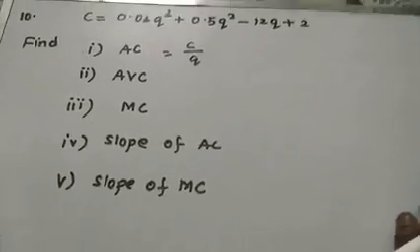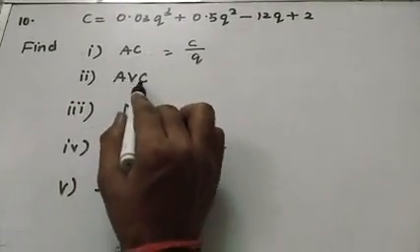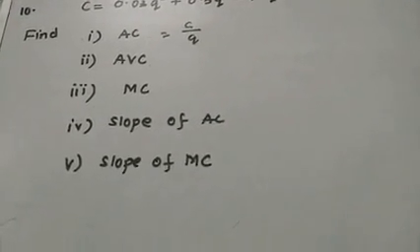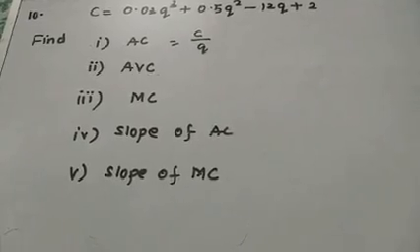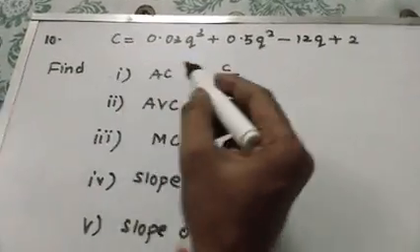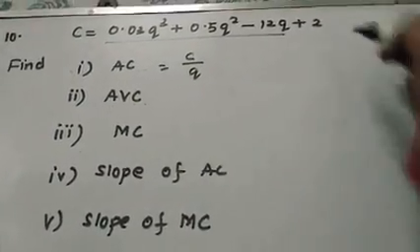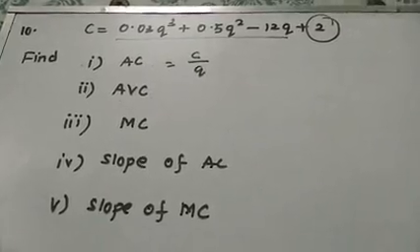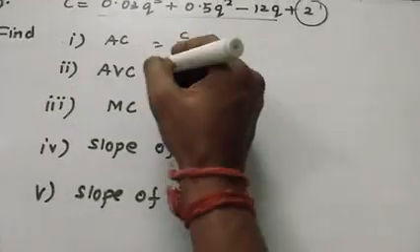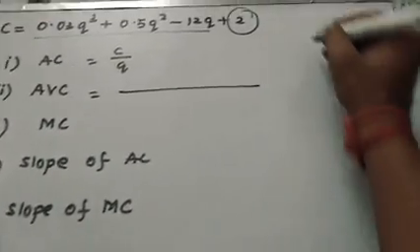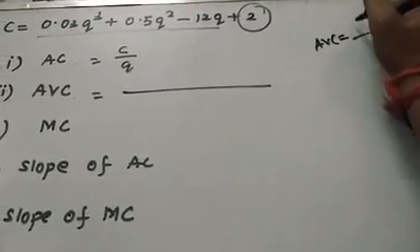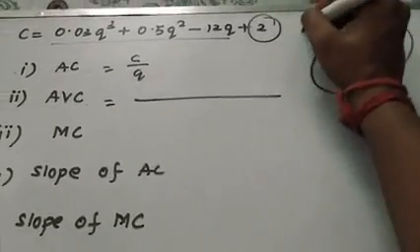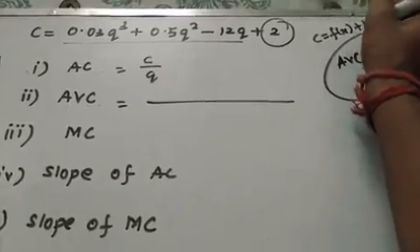Okay. Now next, AVC, that means average variable cost. If you remember the different forms of cost function we have discussed, there we discussed the average variable cost. If you focus on the cost here, there is a function of q plus a constant k. That means c equals f of x plus k. Average variable cost we denoted as f of x divided by output, where your c was f of x plus k.